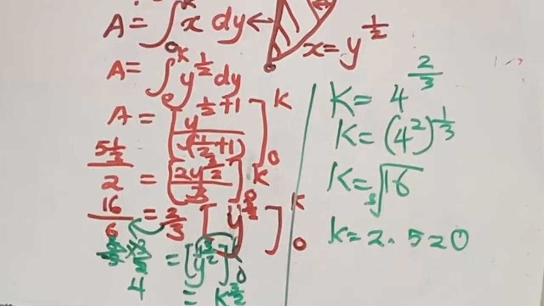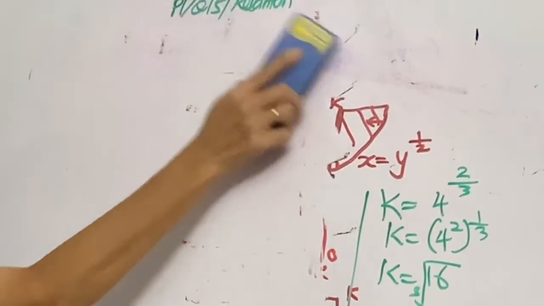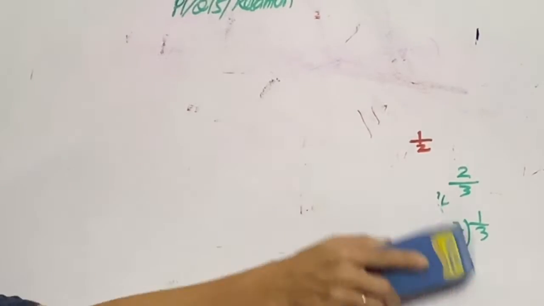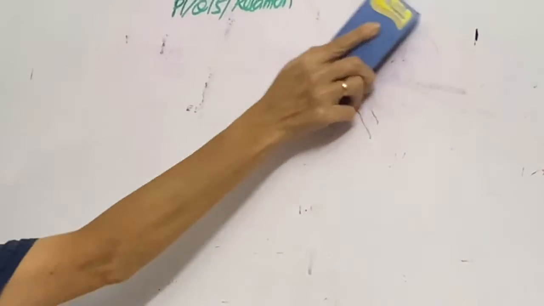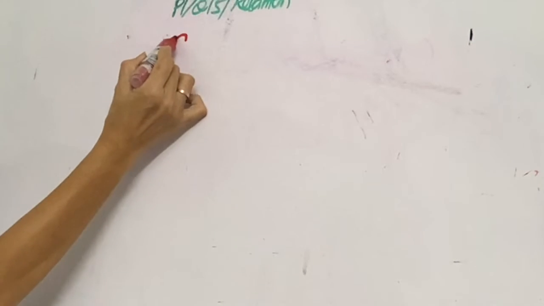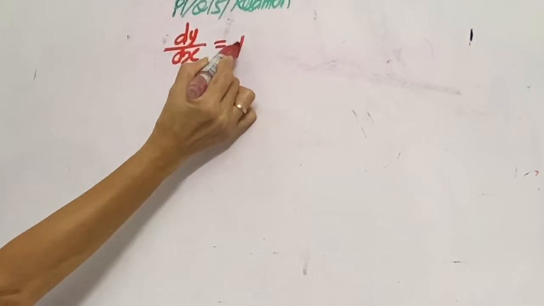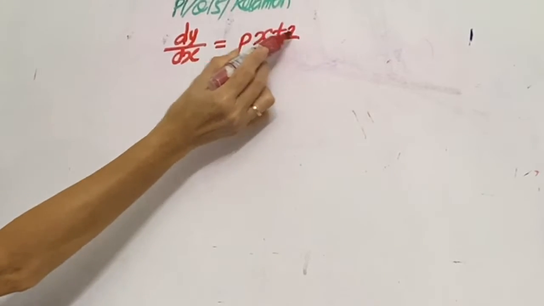So I'm going to discuss part B. For part B, it's not related to this one. When we read the question, we will identify the keywords. The keyword is gradient function. The moment we see gradient, we will quickly write dy/dx for the function px plus 2.